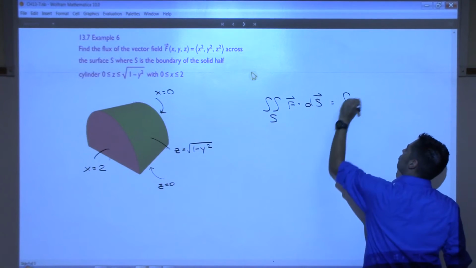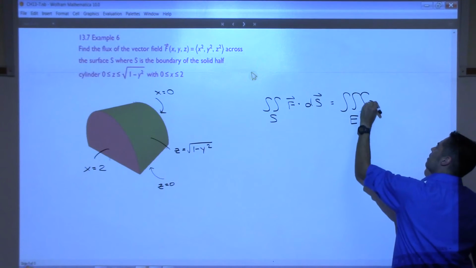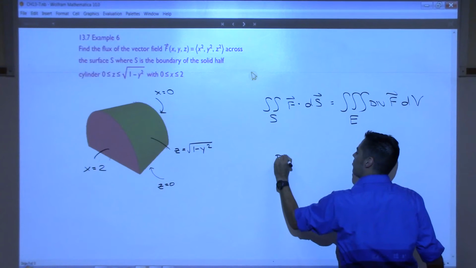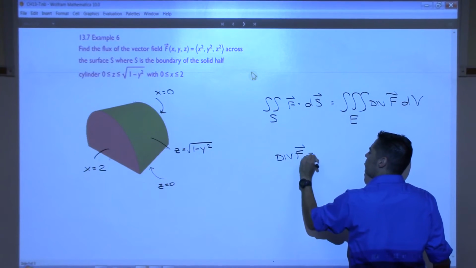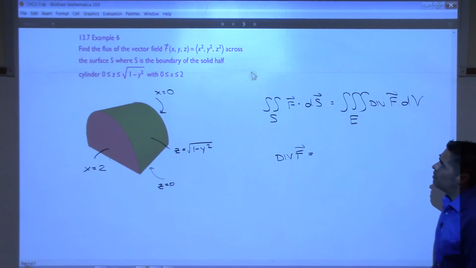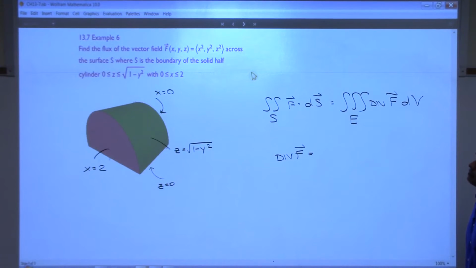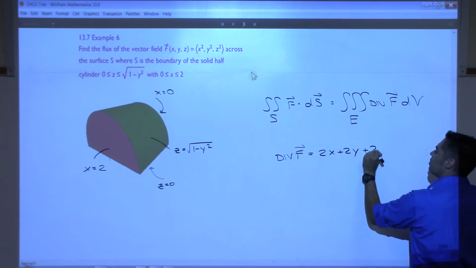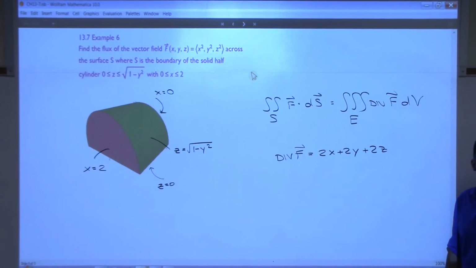This is going to be equal to the triple integral over E of the div of F dV, but the div of F is not as clean as the other ones we've had, right? What is it? 2x plus 2y plus 2z, right? Okay, well, it's not a constant, but it is what it is.